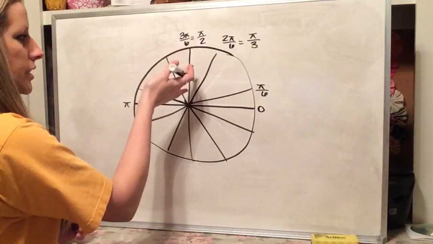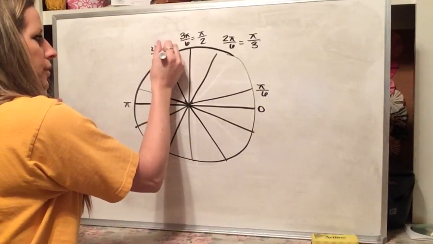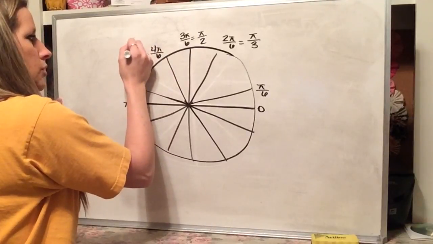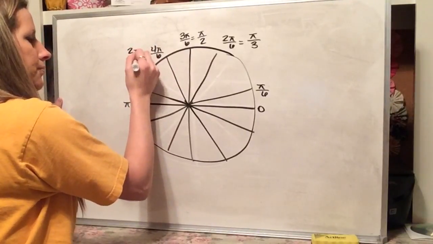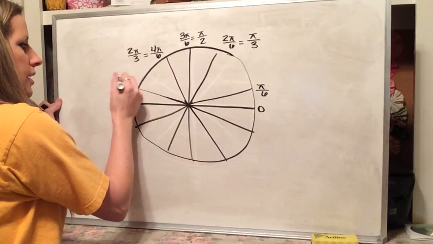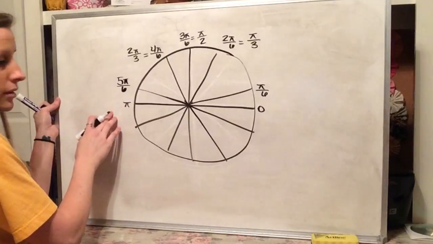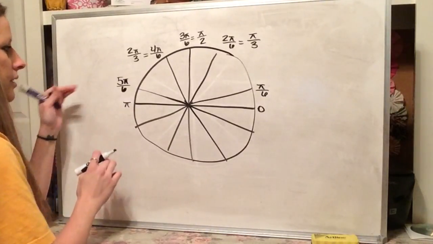Okay, so 3/6. Next one is 4/6. That'll reduce to 2 pi over 3. Okay, the next one would be 5/6. 6 over 6 will reduce to 1. Okay, so we have pi. And then keep it going.